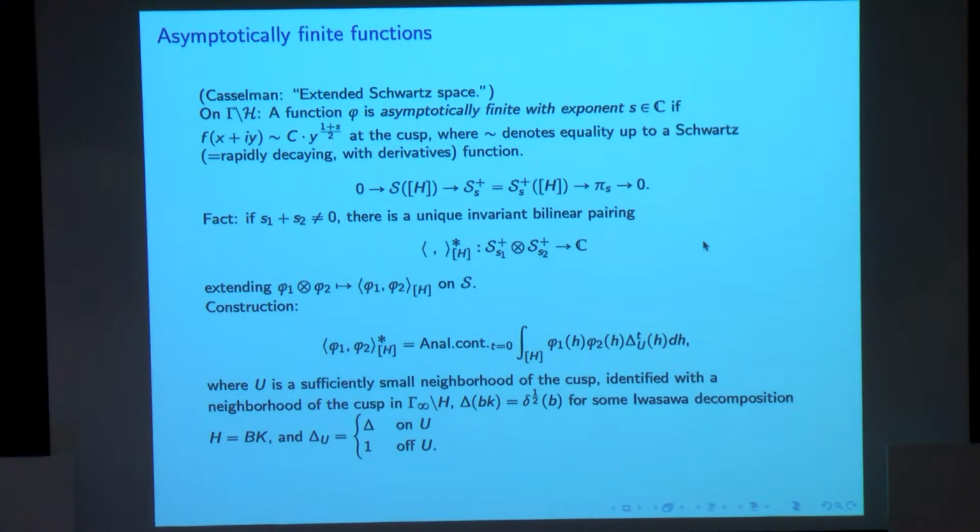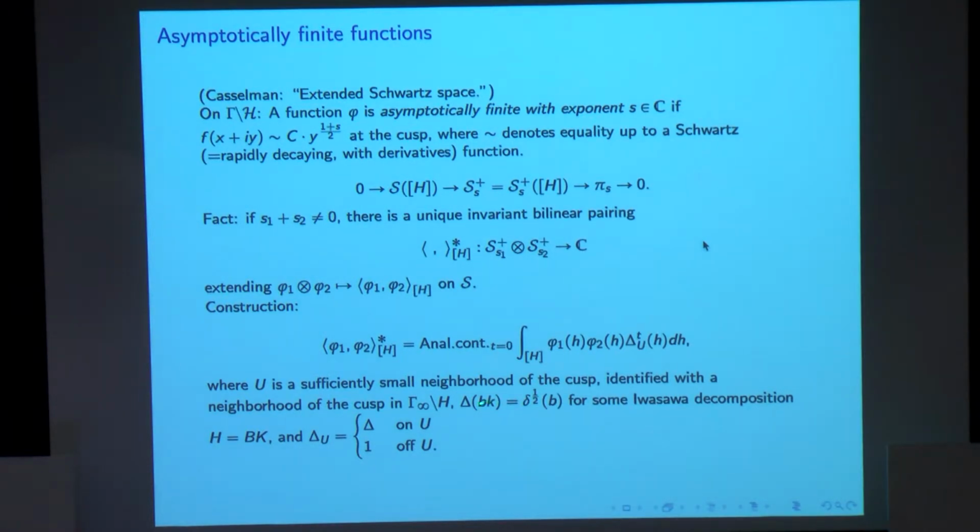And here's how the integral works. You take the product of the two functions that you want to integrate, and you multiply them by this delta. So let's keep in mind what this capital delta is. This capital delta is this little delta to the 1/2, basically, right?